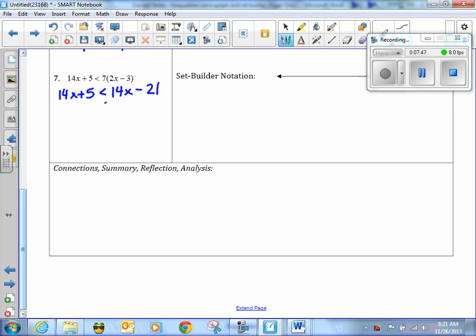Again, we're going to subtract 14x from both sides, and I have 5 is less than negative 21. Well, that statement is not true. And if that statement is not true, the solution set is an empty set. So we would just say empty set. That's what that notation means, and we would just leave it at that. Thank you.